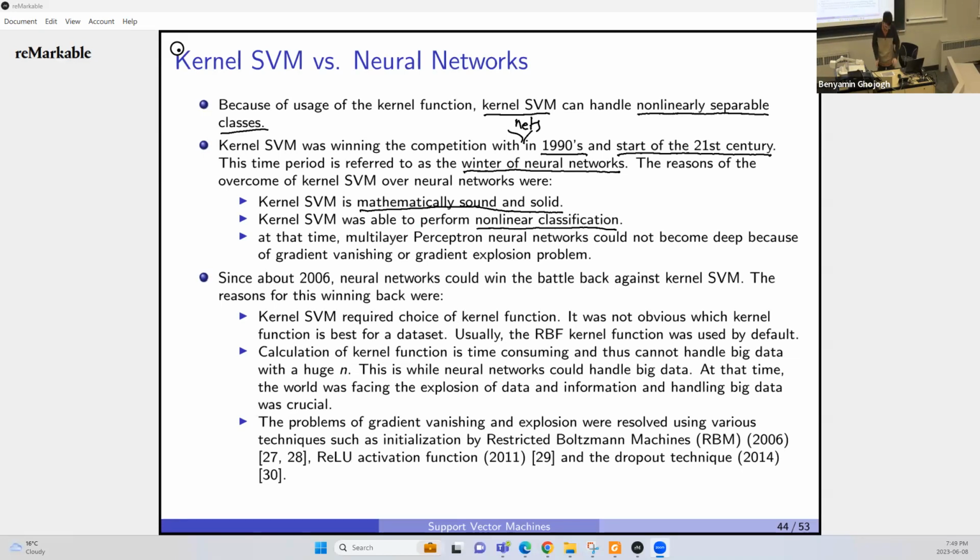At that time, multi-layer perceptron neural networks could not become deep. Why? Because of two problems: vanishing gradients and exploding gradients. So gradient vanishing or gradient explosion.